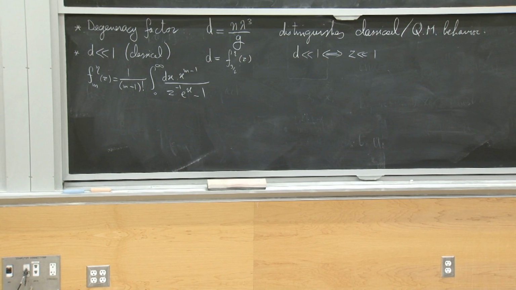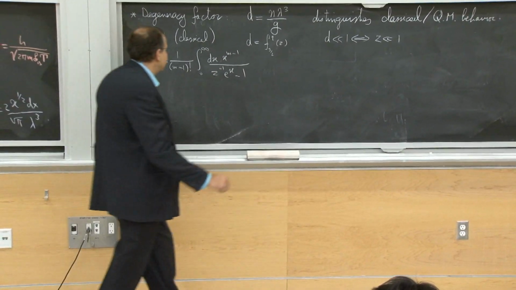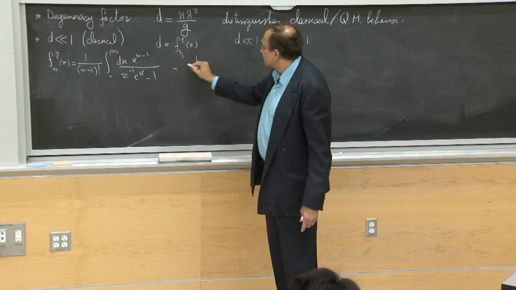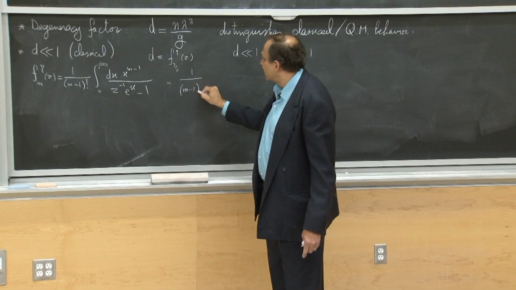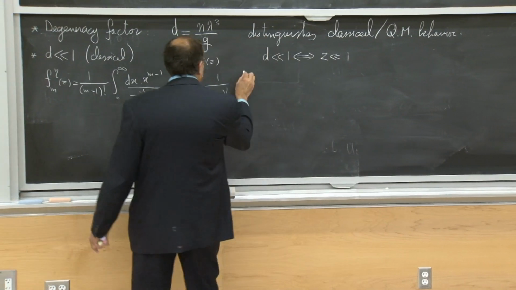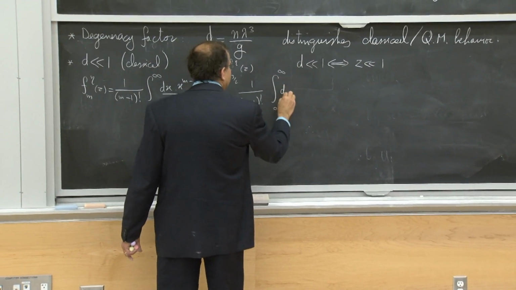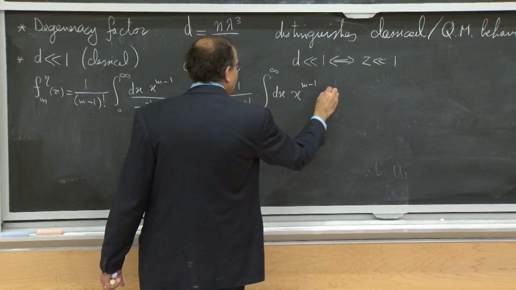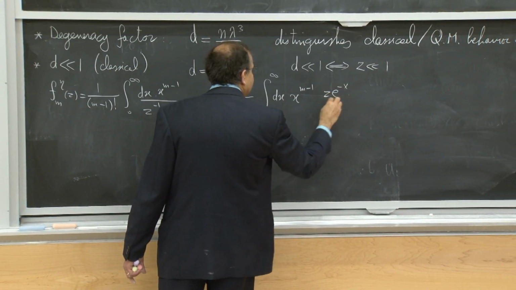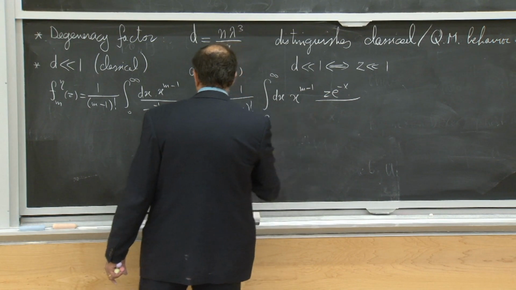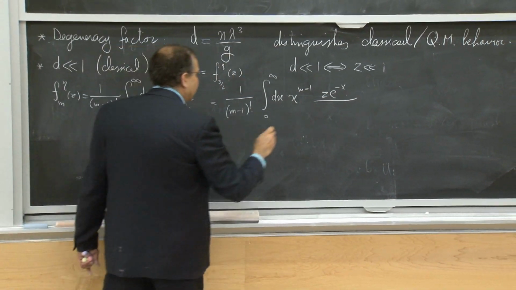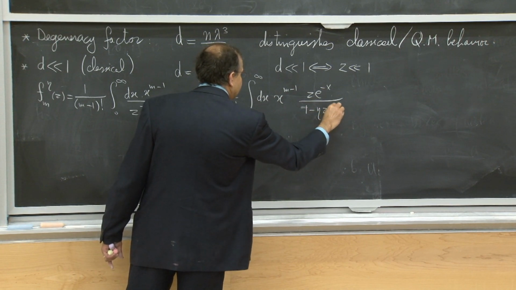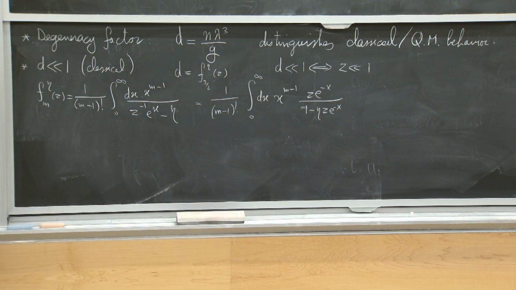So what I will do is I will multiply by z e to the minus x, both numerator and denominator. So I will have 1 over m minus 1 factorial, integral 0 to infinity dx, x to the m minus 1. I have z e to the minus x. I have, oops, there was an eta here. 1 minus eta z e to the minus x. Okay?